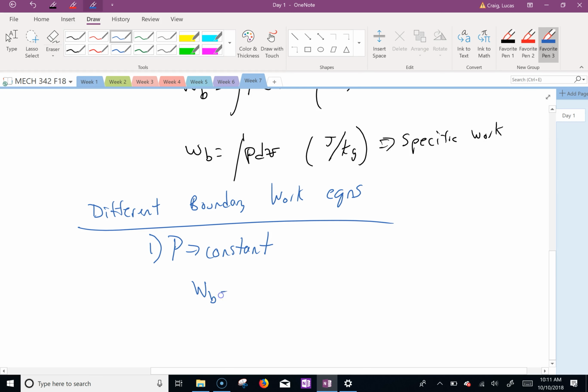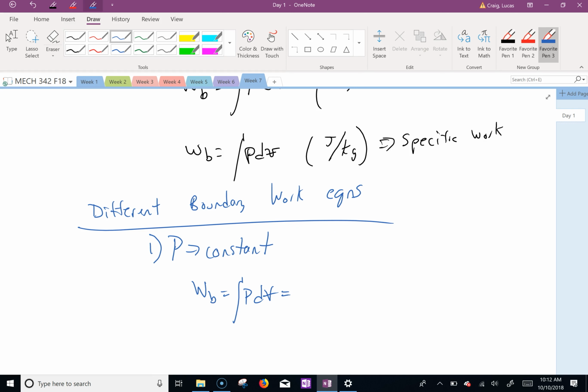So we have WB equals the integration of P dV. I think your first question on your homework has you calculate boundary work.